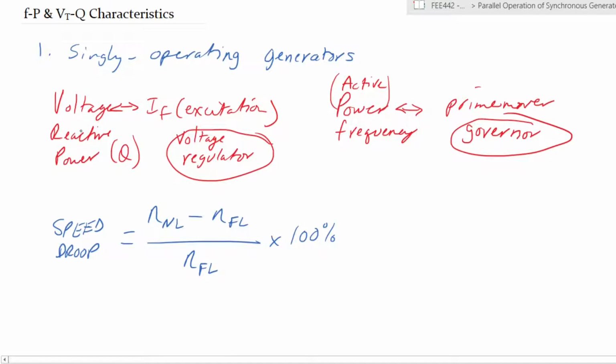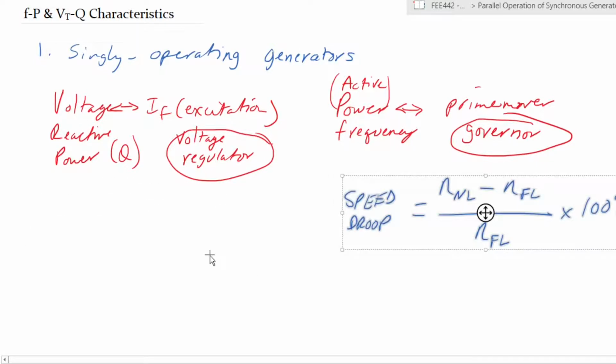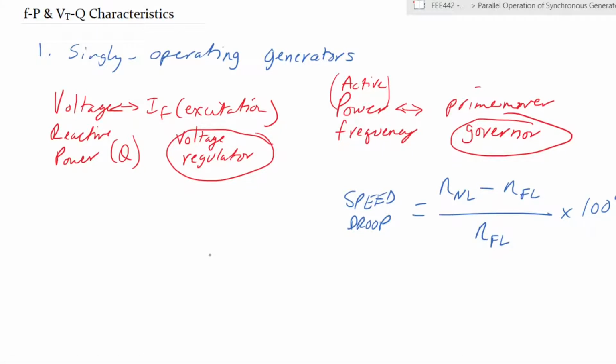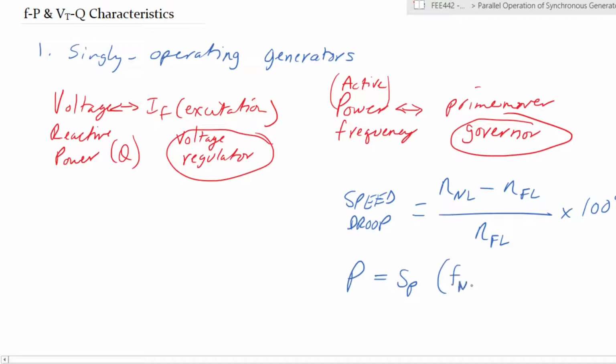On the other hand, let's move this to this side. And when you look at the relationship for a voltage regulator, the same thing applies. So voltage regulators ensure that there is a linear relationship, and this is controlled by varying the field current. So in the case of power, you will have power is equal to SP into no load frequency minus frequency of the system, whereby the power is active power or generator output.